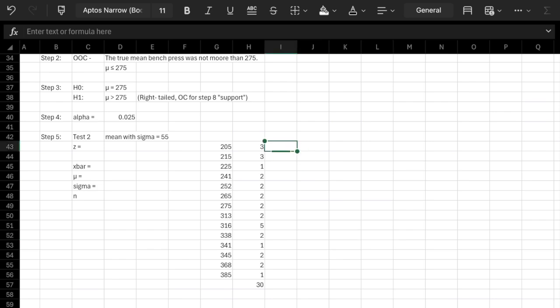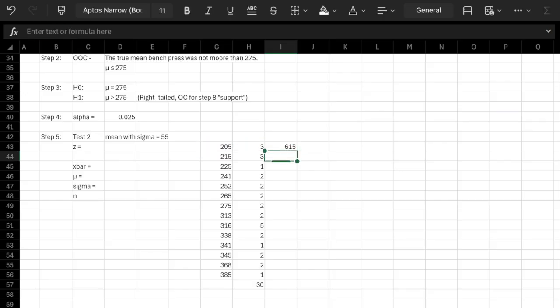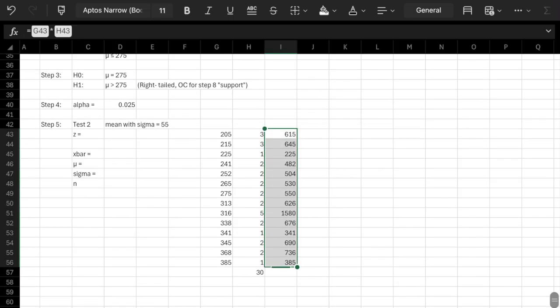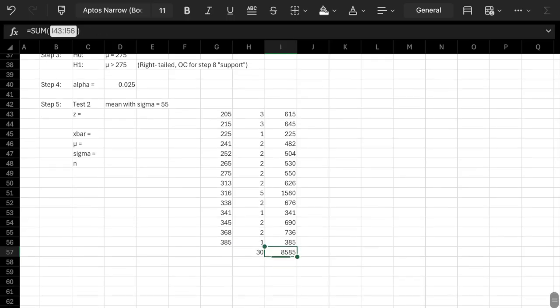And so I'm going to do equals this times this, enter. Okay, so that's the total contribution from all the people who can bench a max of 205. Okay, I'm going to autofill that down, and then I'm going to take the sum here. And there's my sum.